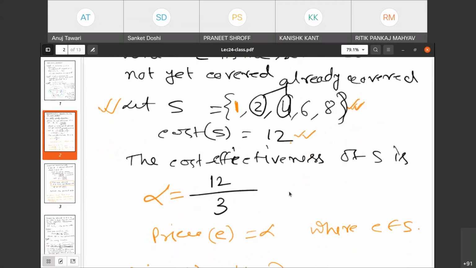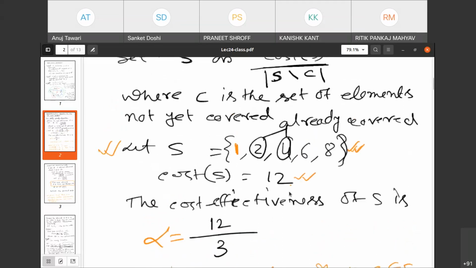So this is our algorithm. Initially there are no elements covered, because there are no sets being chosen in our set cover. So initially the set of elements which are covered is empty and there is no set in our set cover.